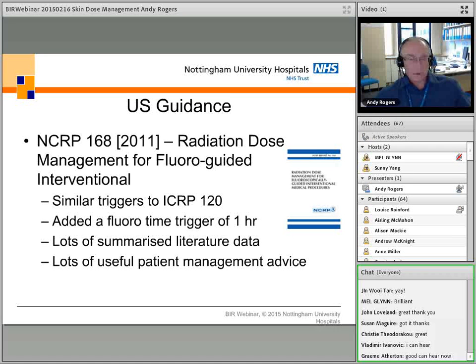That had similar triggers to ICRP 120. It added a fluoro trigger of 1 hour. I think if you're only doing fluoro, I'm not sure these days you'll get much in 1 hour, but it's a trigger. It gave lots of summarized data, which I'm going to show in a bit, and it had some nice patient management follow-up advice. So this is quite a good tome, and I'd recommend this to all of you to get.